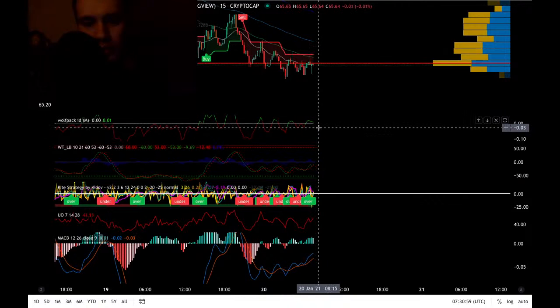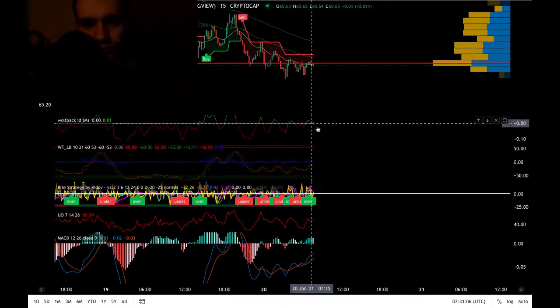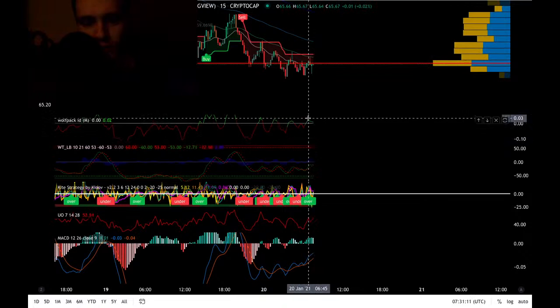Curving a little bit. It looks like we're right about to just dip down.